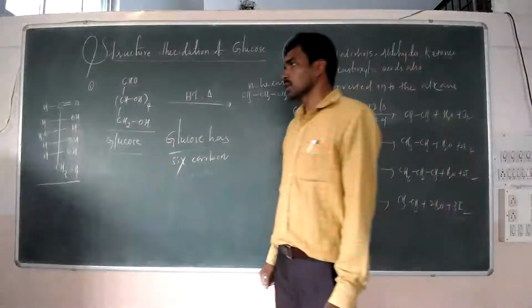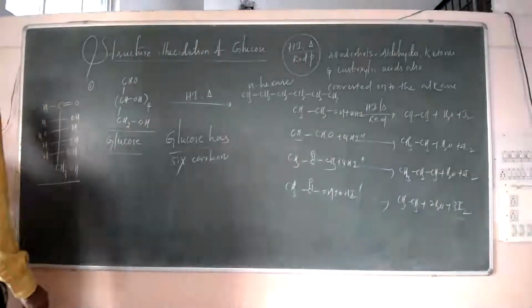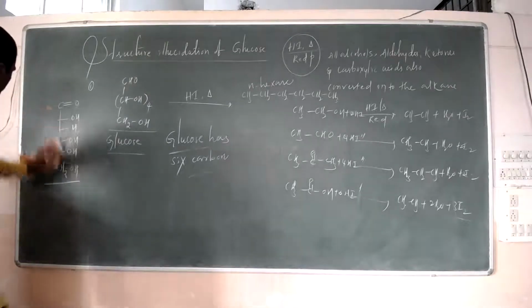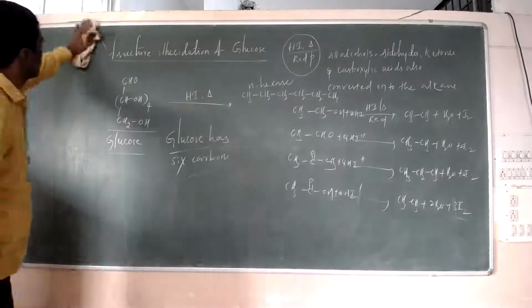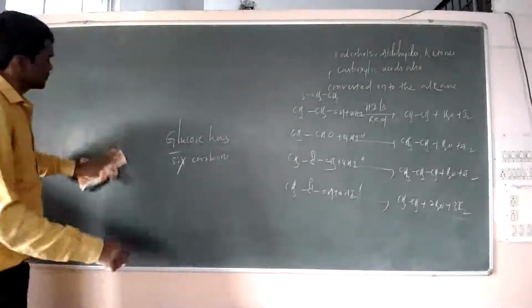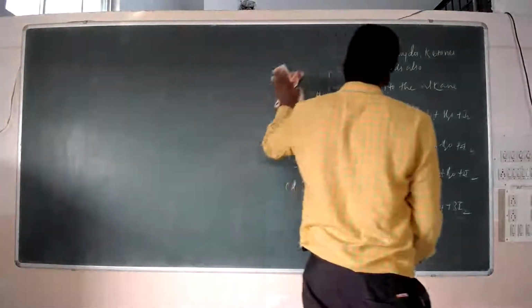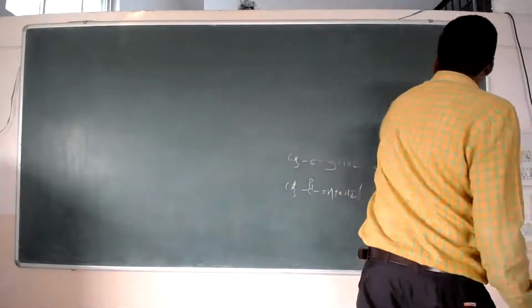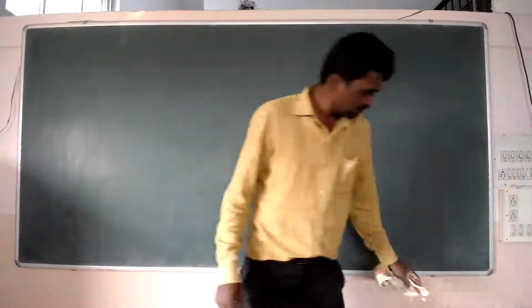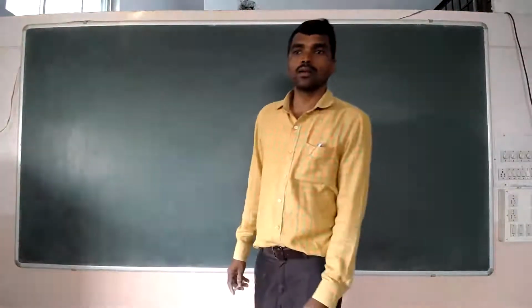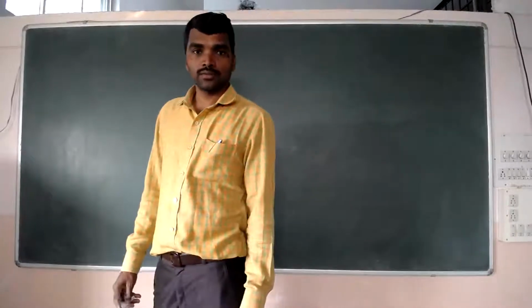Okay, right. And next you see, glucose has how many carbons? 6.